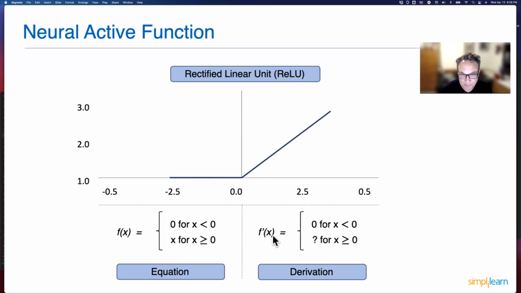And for this, the derivative is 0 when it's less than 0, and it's 1 if it's greater than 0. At 0, it's undefined. And that's the problem with this one, it doesn't have a smooth derivative. Okay, so these different activation functions are just part of how the neuron works. It's what turns on or off the neuron.